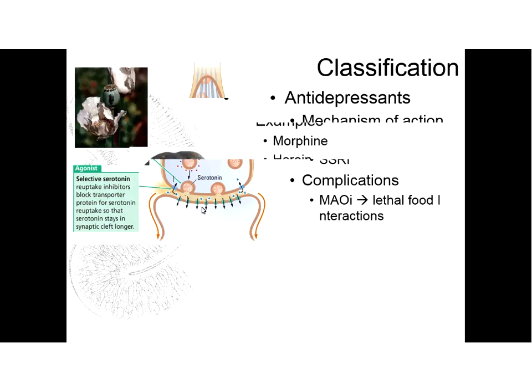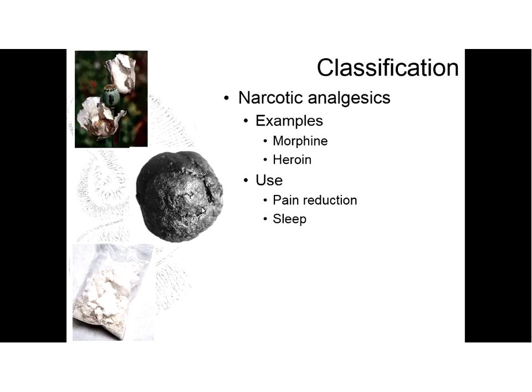So our last group of drugs that we'll talk about, narcotic analgesics, are morphine and heroin, and they're used to induce sleep or reduce pain. Really, morphine is one of the most effective pain relievers that a physician has.